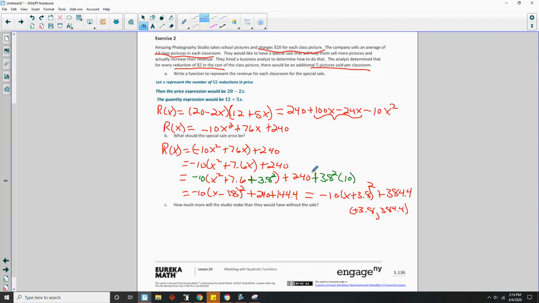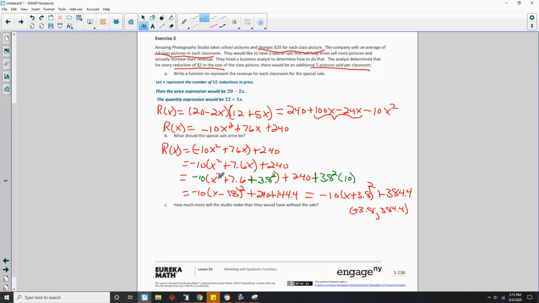So what would the special sale price be? The studio should reduce the price by between 3 and 4, 3.8, between 3 and 4 $2 increments. If we check the revenue amount of 3 reductions in price, it would be 20 minus 2 times 3, which is 6. 20 minus 6 is 14.